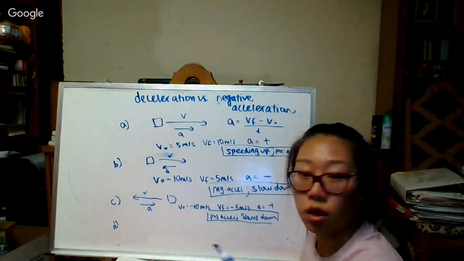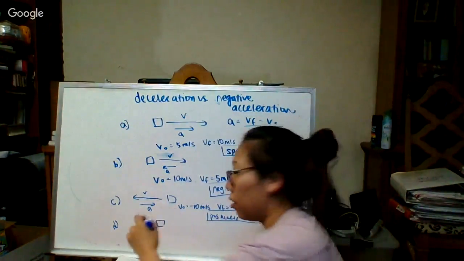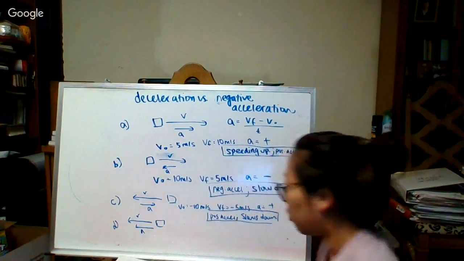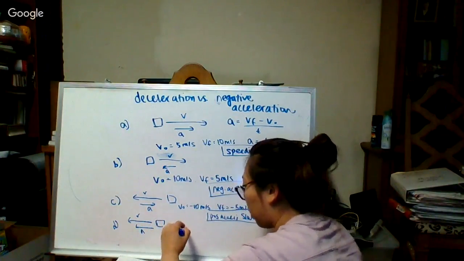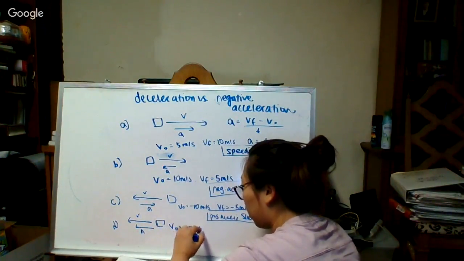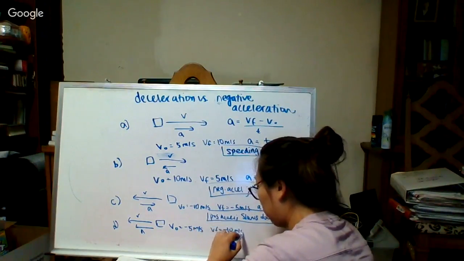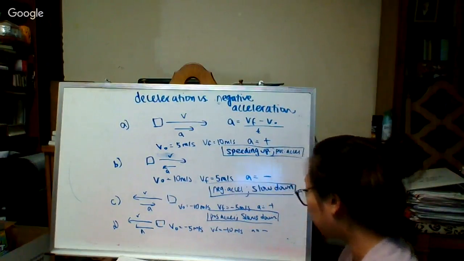is going to be where the car is going this way for V and this way for A. One of the ways to make that happen is negative 5 meters per second, negative 10 meters per second, and acceleration is going to be then negative, right?